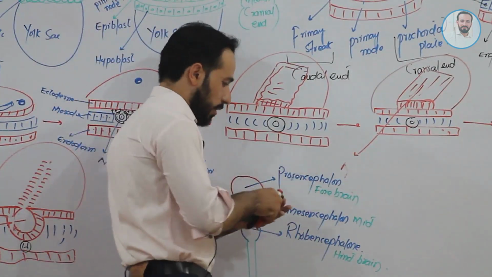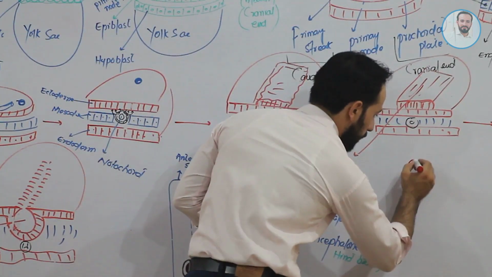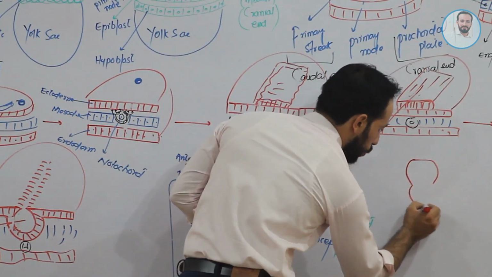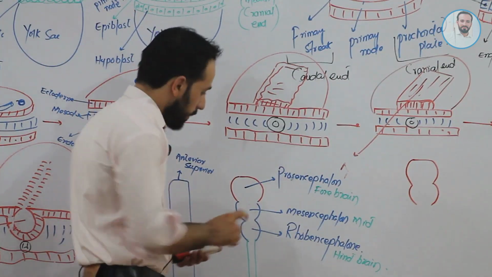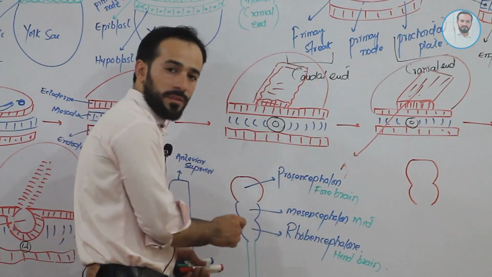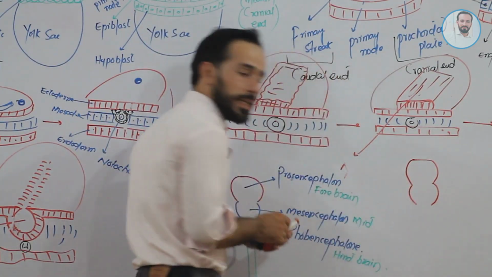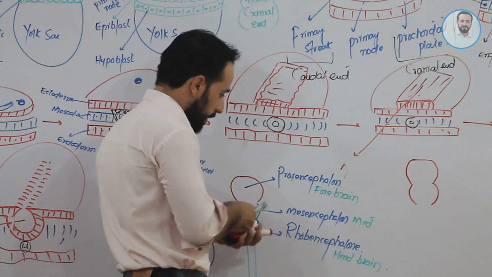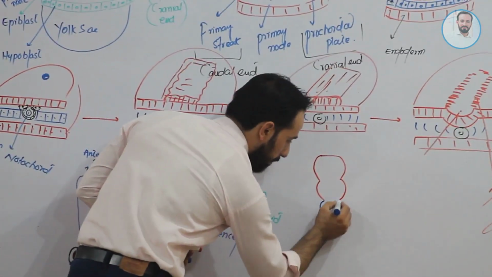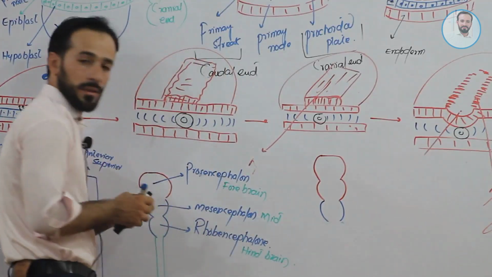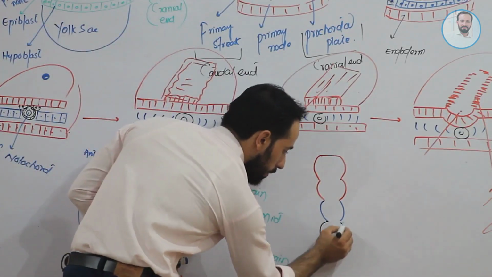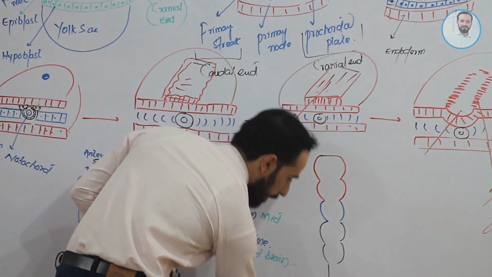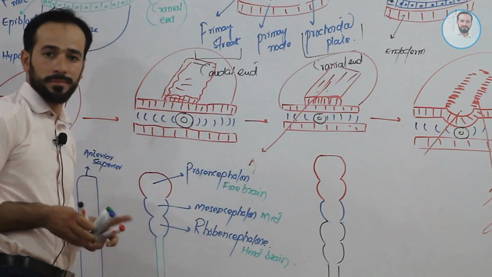Now let's move forward a little more. The prosencephalon will form 2 swellings. The middle one, the mesencephalon, will remain by its own, and the rhombencephalon will also make 2 swellings, and then there will be the spinal cord, right?